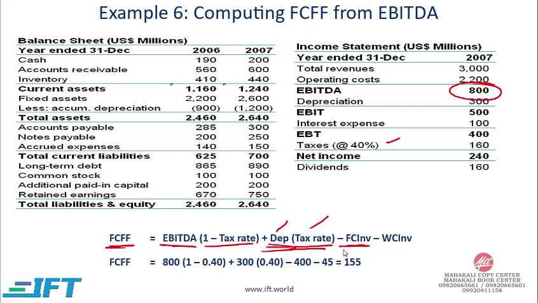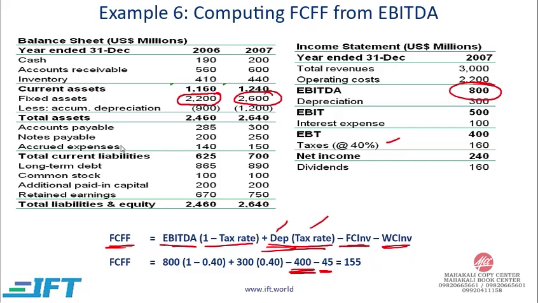Fixed capital investment, if you look at 2007 and you look at fixed assets, the fixed assets number went up by 400. That is where this 400 is coming from. It's a minus because the fixed capital went up, which means that the expenditure took place. And then minus 45, where did this come from? This is the increase in working capital that we calculated on the previous slide.